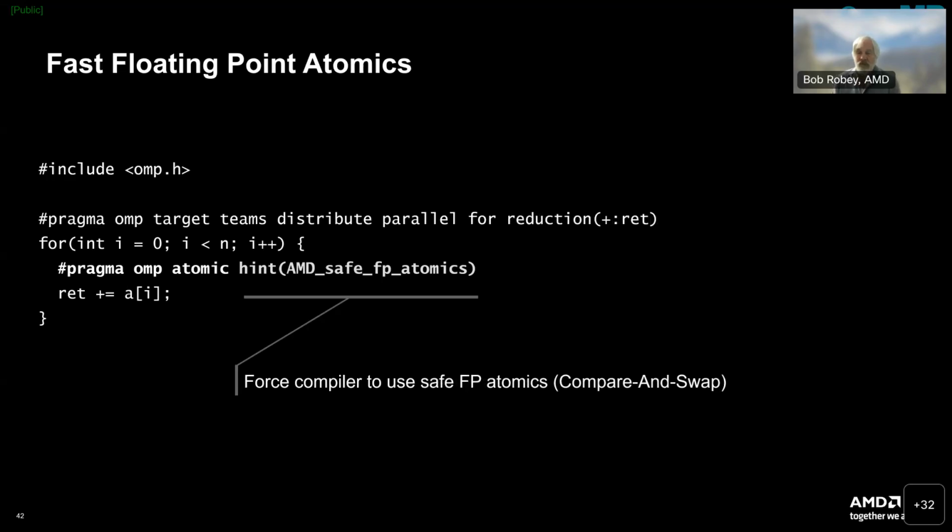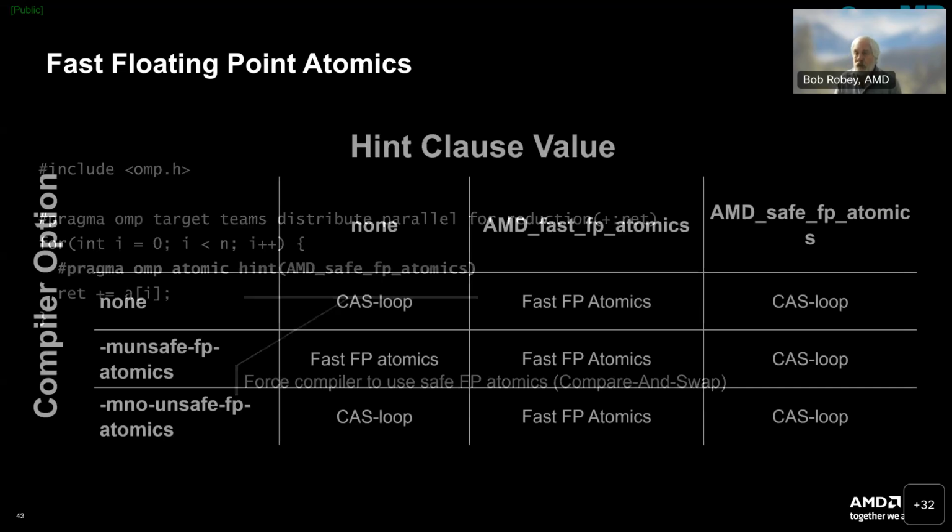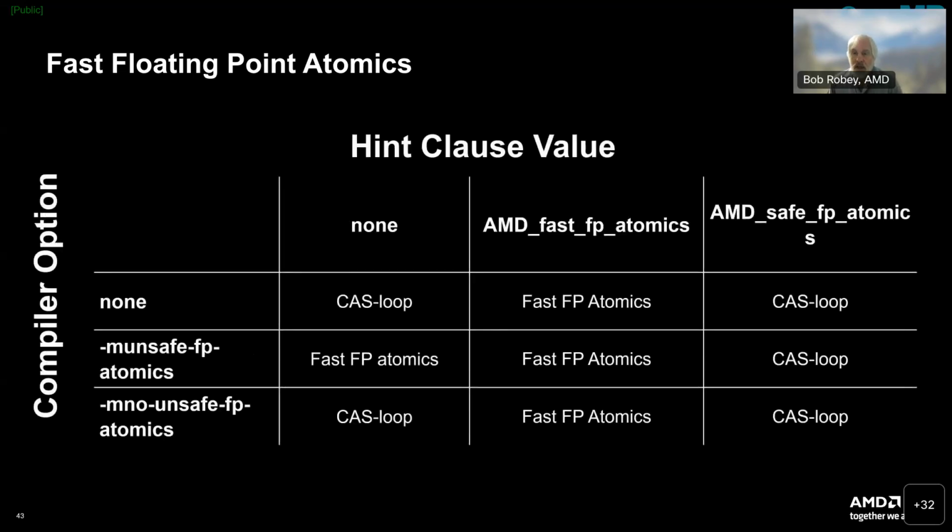We can force safe atomics. So if we didn't have that map, we can force that compare and swap loop instead of using that hardware atomic. So again, we have a table here showing how these all behave in different situations. So we have the safe, the unsafe.